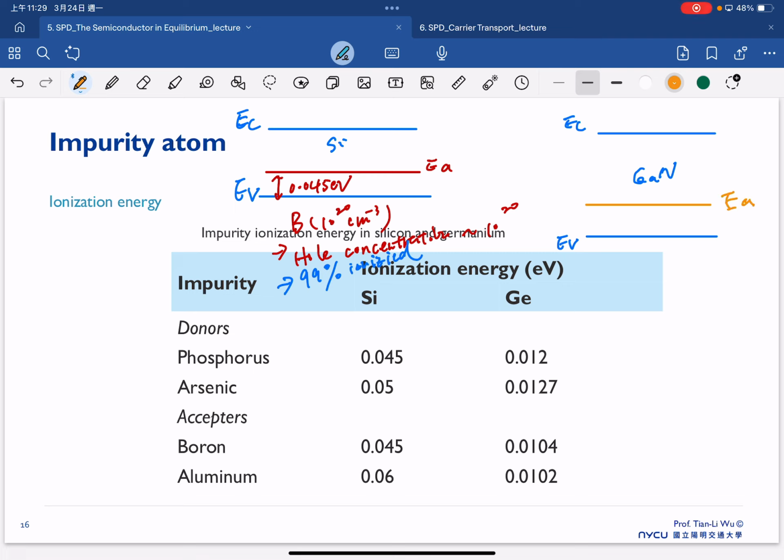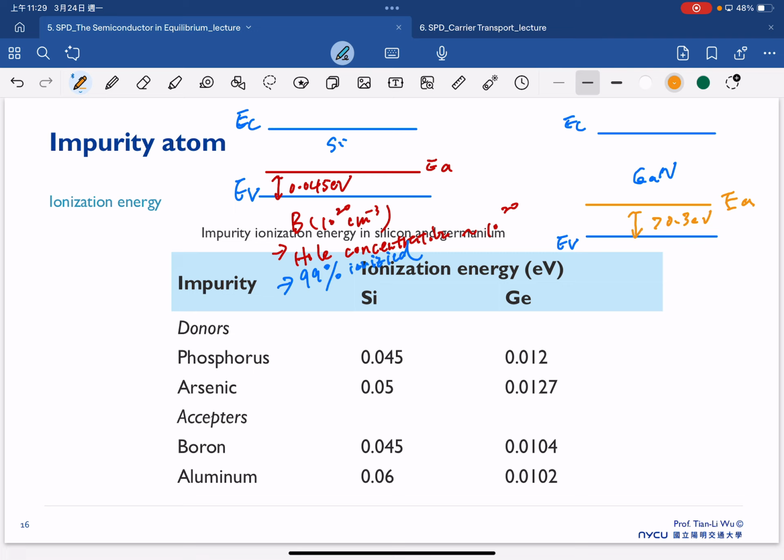It can have an ionization energy larger than 0.3 electron volt. Sometimes it is difficult to judge whether this value is big or not, but the most useful way is to compare with silicon.